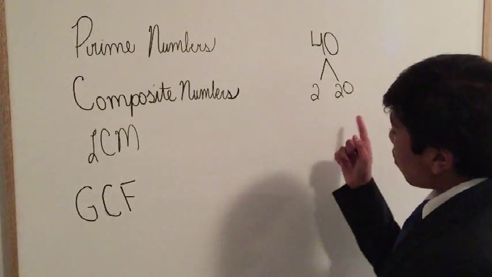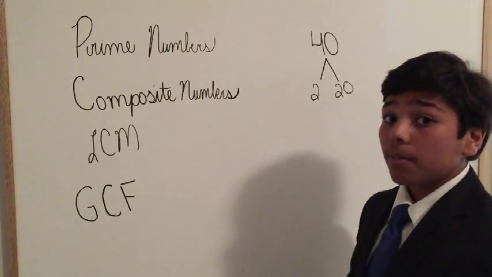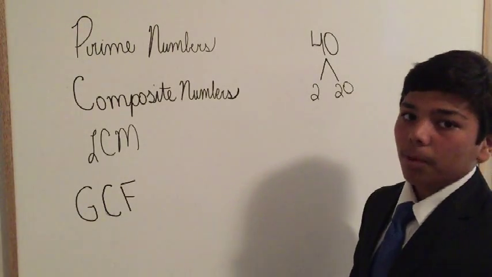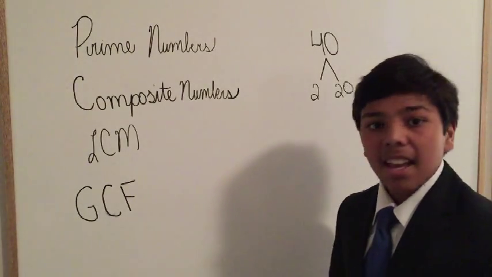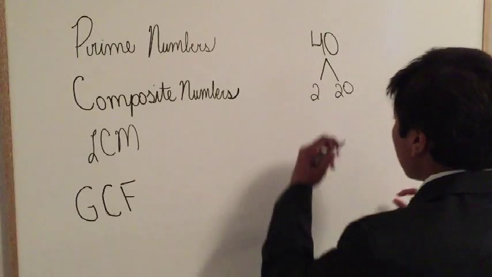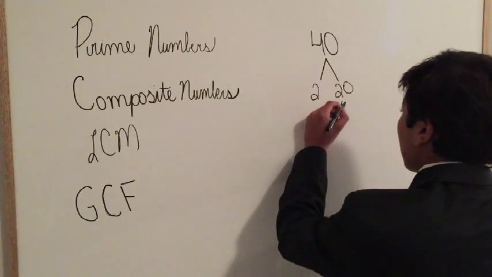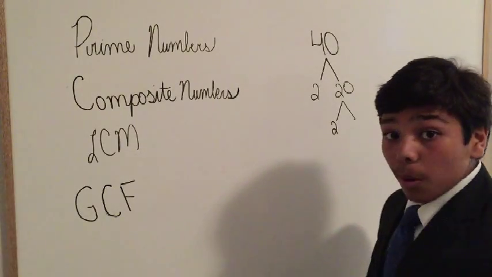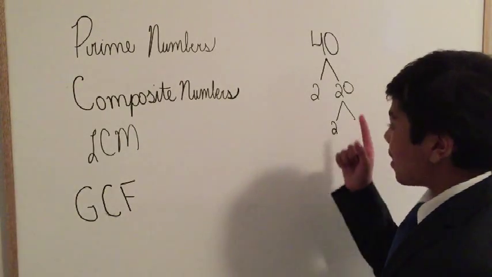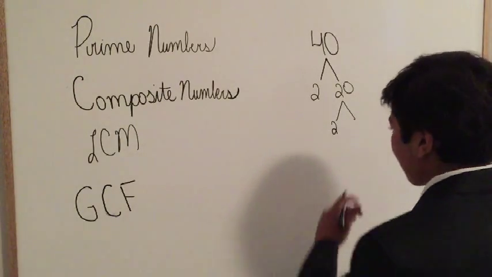Okay, so 20 is a composite number, and we can divide it further. So once more, what is the lowest prime number that can be divided into 20? It's 2 once more. So 2 more branches leading out of 20, and we'll put 2 on the left-hand side. 2 multiplies 10 gives us an answer of 20.